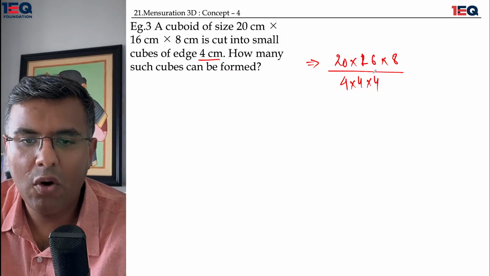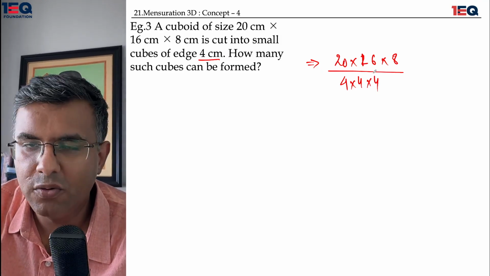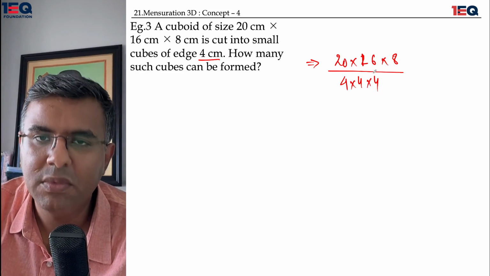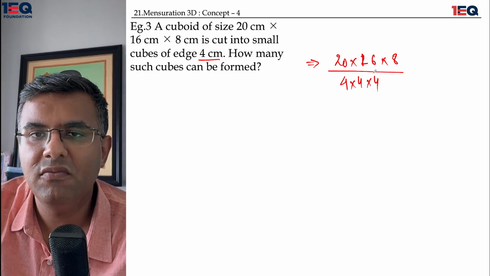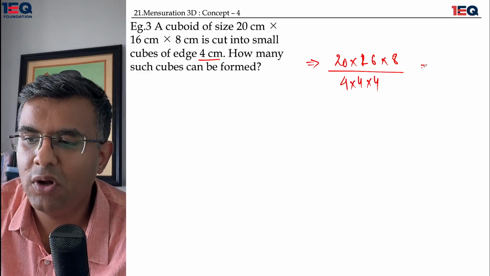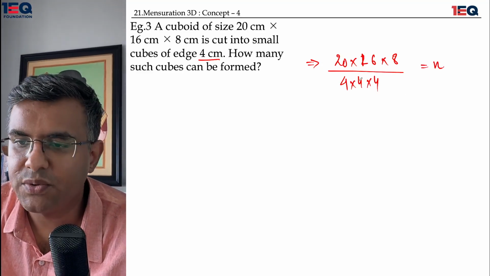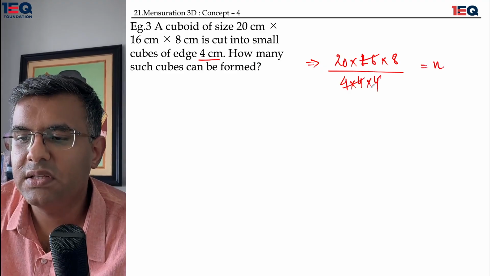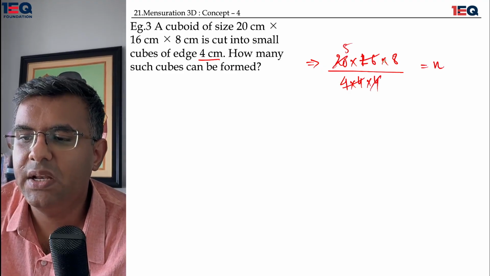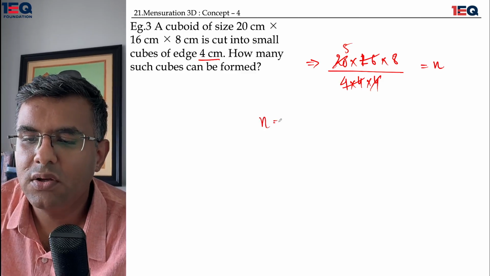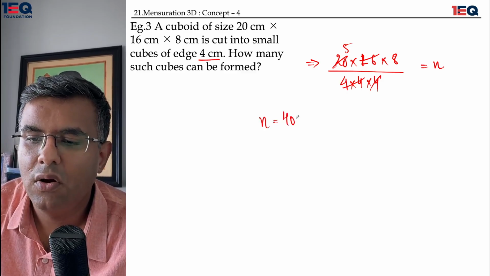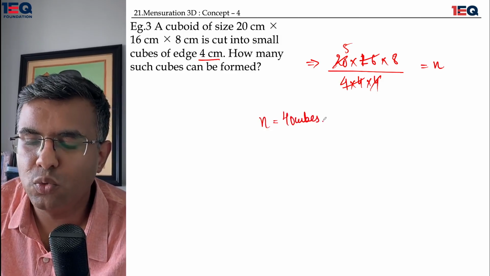Following the same law of conservation of volume, that the volume is going to remain the same, this would help me with the number of small cubes that are going to be produced. We have 4 for the 16, this is gone, 4 5s are 20, this is 5, 5 8s are 40. So the answer is 40 cubes.